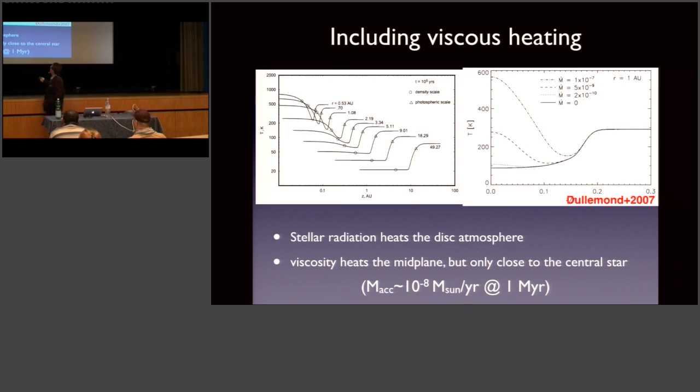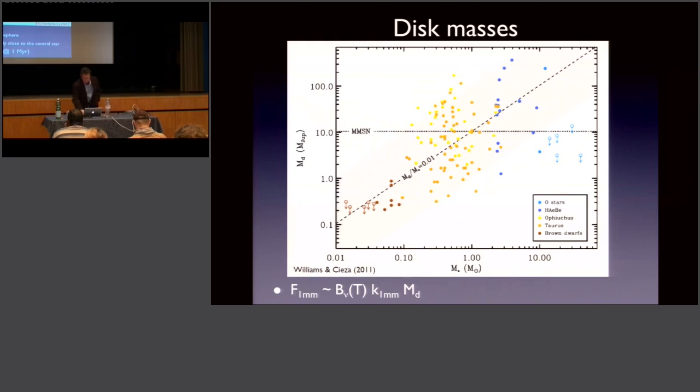So these are not unreasonably small mass accretion rates, and these are, in fact, the mass accretion rates that you have for the brightest, the most accreting objects in the T-Tauri phase. So it is actually possible that in the inner disk of the strongest accreting T-Tauris, the internal heating is important, but only in the inner disk, not in the outer disk. That is what I will mostly discuss today.